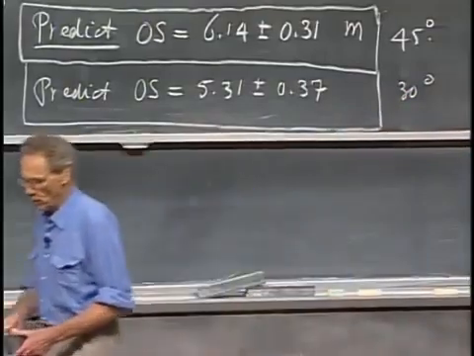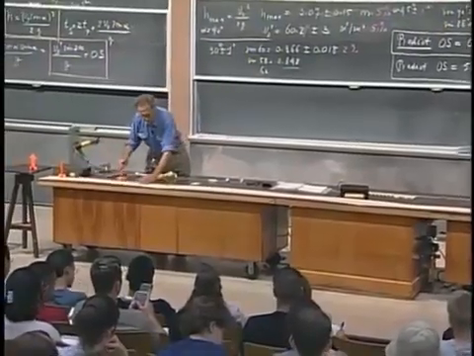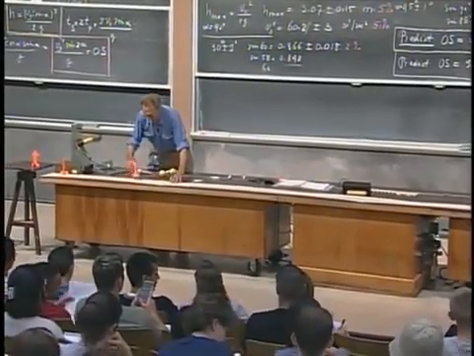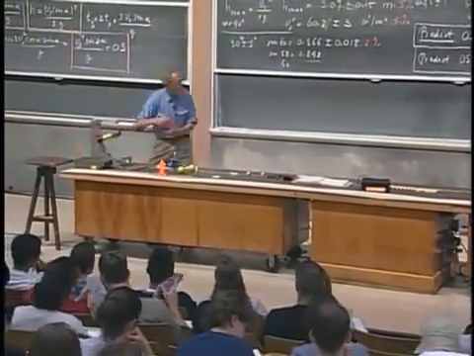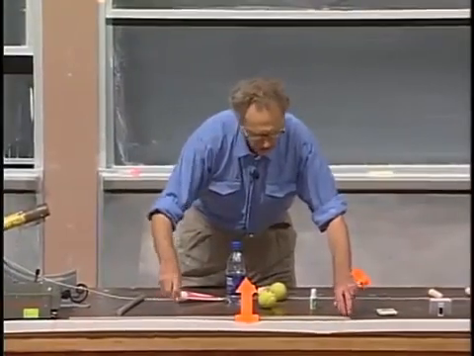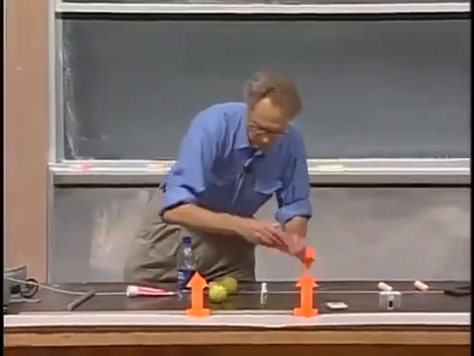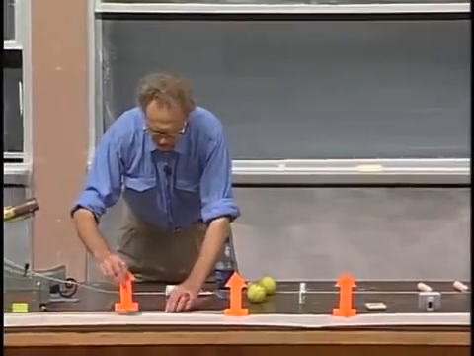And so now I'm going to put the markers out at 5 meters and 31 centimeters. This is the 5 meter mark, 31 centimeters. And I allow for 37 centimeters on either side. It's here, and 37 centimeters on this side, that is here.